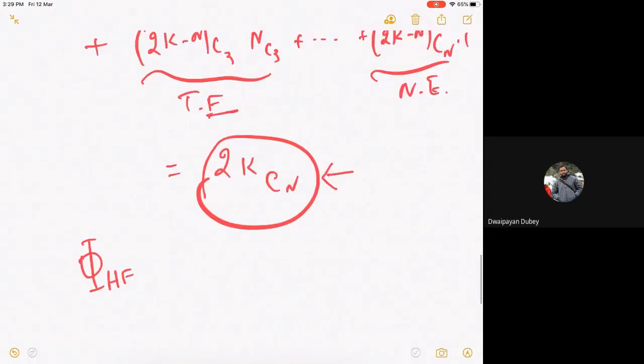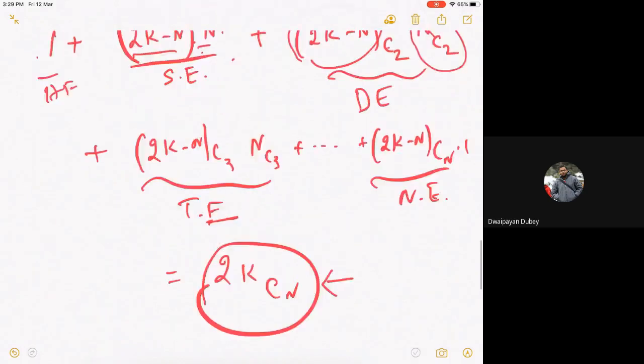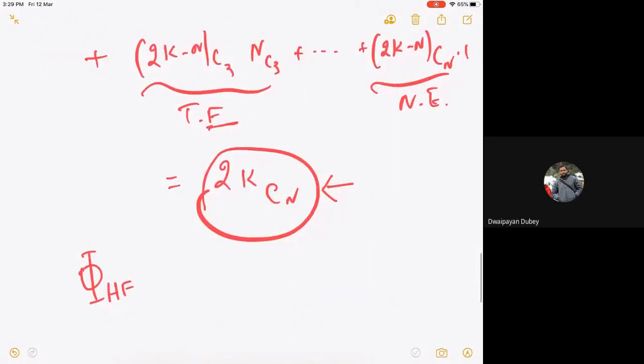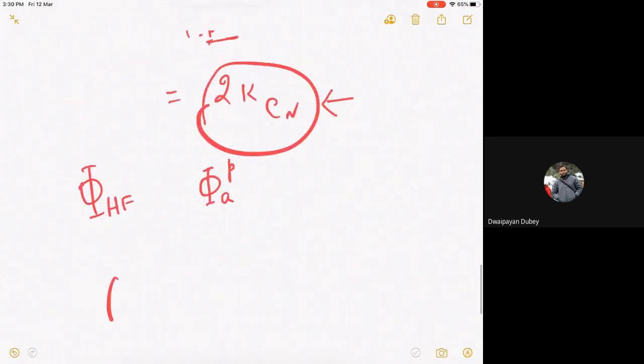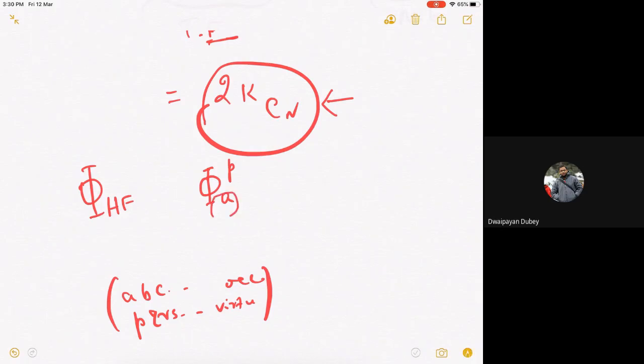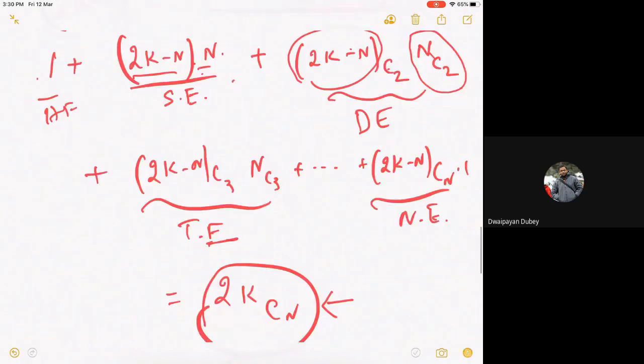So I write Hartree-Fock as phi Hartree-Fock, and then I use the singly excited determinant in the following manner: a set of determinants where I take one electron from an occupied spin orbital A to a virtual spin orbital, let's say P. The notation that we are using is A, B, C, etc. for occupied spin orbitals, and P, Q, R, S, etc. for virtual spin orbitals. So all possible A, all possible P. That is your 2k minus n times n.